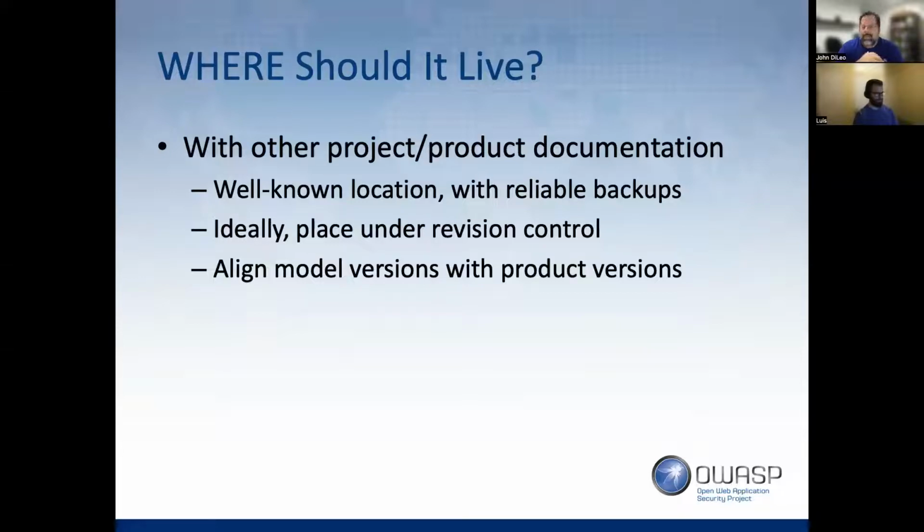Where it should not live is on the senior architect's laptop with no backups. That's really the key thing, is it needs to be shared. Everyone needs to know where it is. It needs to be under version control and protected from loss so that everyone on the team can access it. Updates can be made as they're needed, and you always know where to find the latest version.